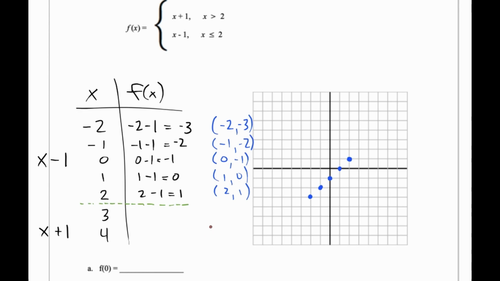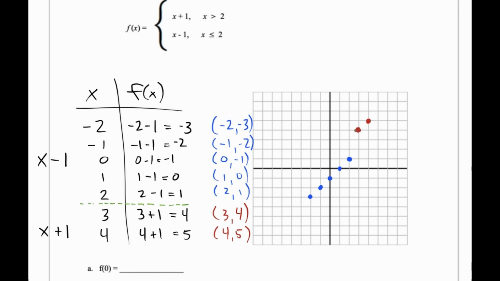All right, now let's follow the other formula. Now we do 3 plus 1, because now we're in a different section of the function, right? So now we'd get this, and our pairs become 3, 4, 4, 5, because we're following a different formula now. And we get that.